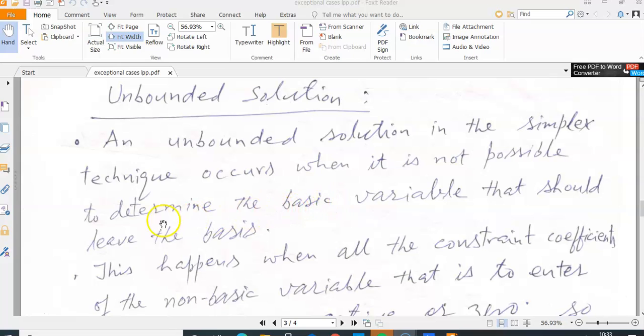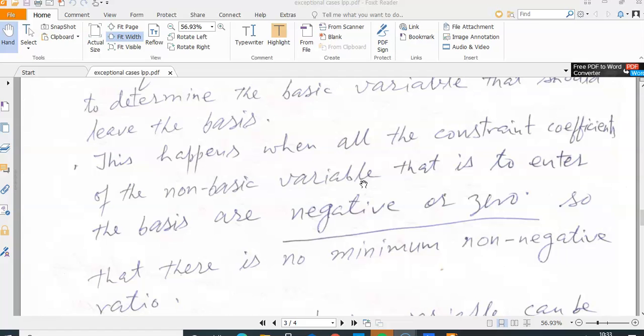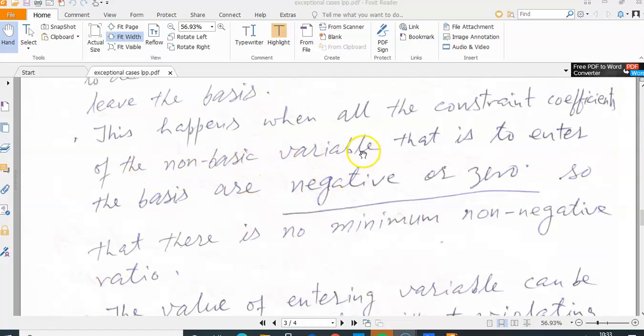Unbounded solution. An unbounded solution in the simplex technique occurs when it is not possible to determine the basic variable that should leave the basis. This happens when all the constraint coefficients of the non-basic variable that is to enter the basis are negative or 0.